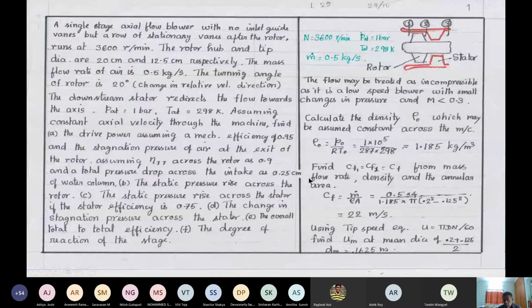Now the velocity, well, density is known. Now we can find out the flow velocity CF1, which is equal to CF2, which is equal to CF, from the known value of mass flow rate, density, and annular area. We have the basic mass flow rate equation, m dot equal to rho A into CF. So CF is given as m dot divided by rho into A. Now, what is the mass flow rate?